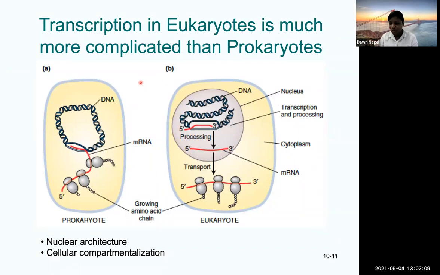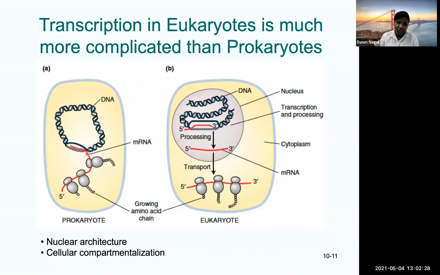So transcription in eukaryotes is way more complicated than in prokaryotes for a number of reasons. The main reason is that in bacteria, both transcription and translation happen within the same compartment because there's no nucleus.